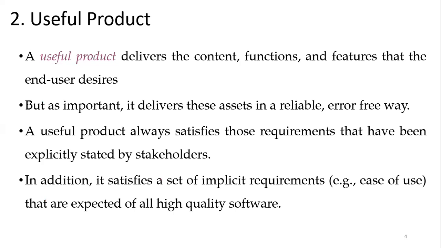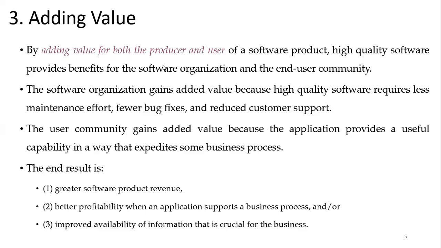But as important, it delivers these assets in a reliable, error-free way. A useful product always satisfies those requirements that have been explicitly stated by stakeholders. In addition, it satisfies a set of implicit requirements, for example ease of use, that are expected of all high quality software.